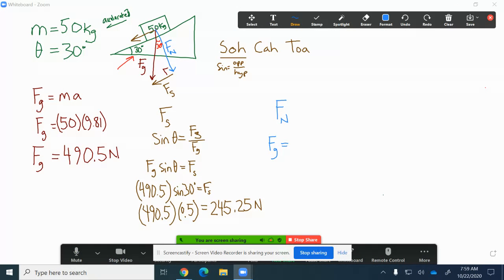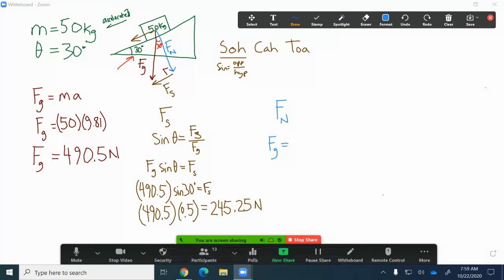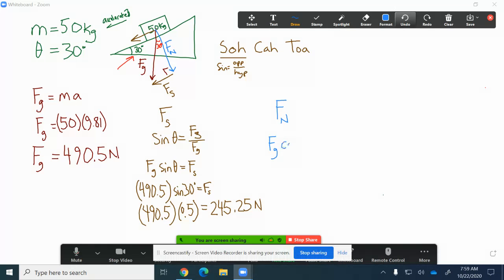So that's going to be Fg, the force of gravity, times the cosine of the angle. It's going to equal the normal force. So it's going to be 490.5 times the cosine of, thank you, 30 degrees.